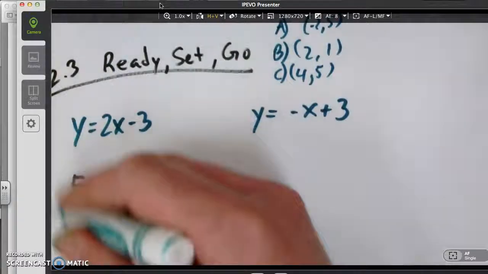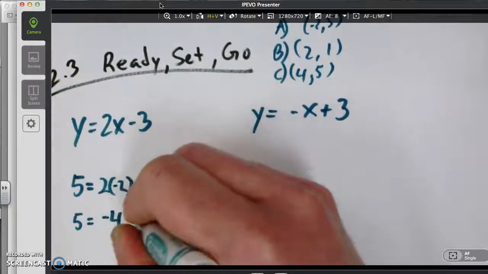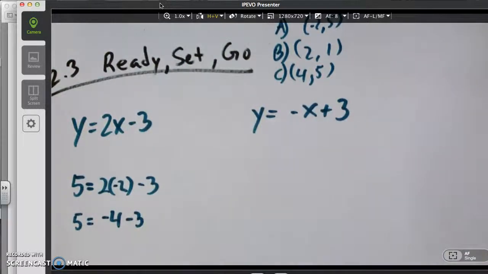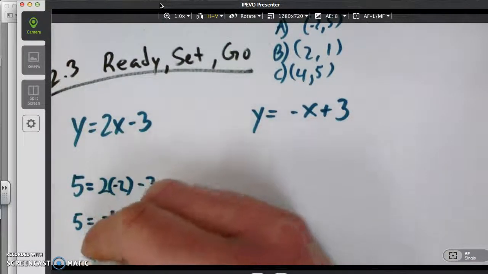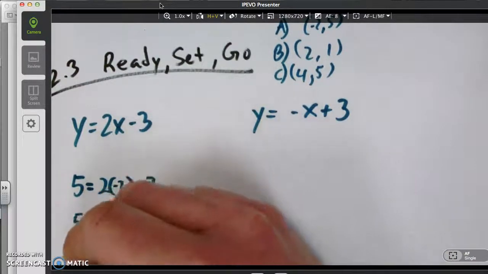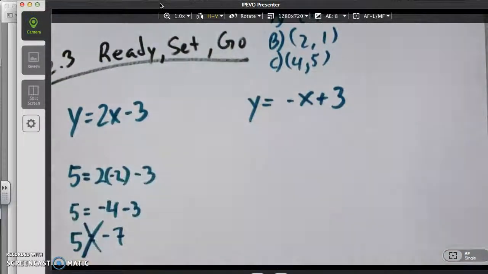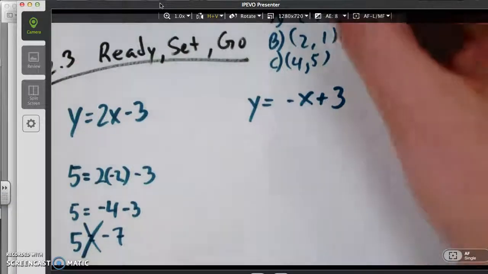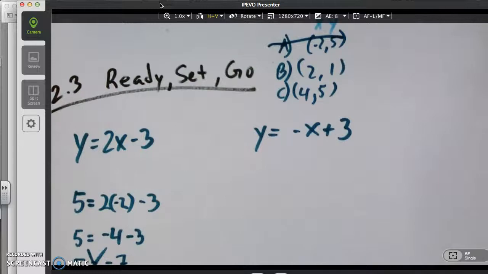So 5 equals -4 minus 3, because 2 times -2 is -4. -3 carries down. -4 minus 3 is -7. Now we got a situation that makes no sense. 5 does not equal -7, so we know A cannot be our solution. So I scratched A off because it gave us something that didn't make any sense.